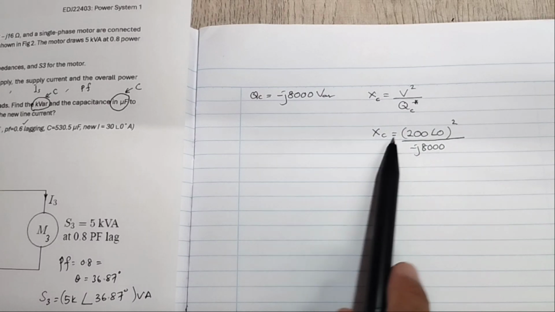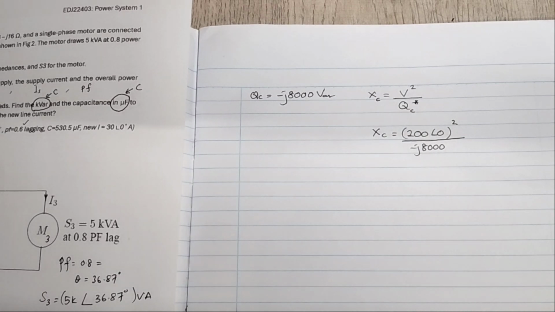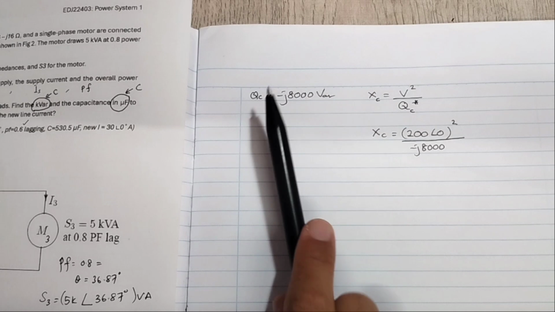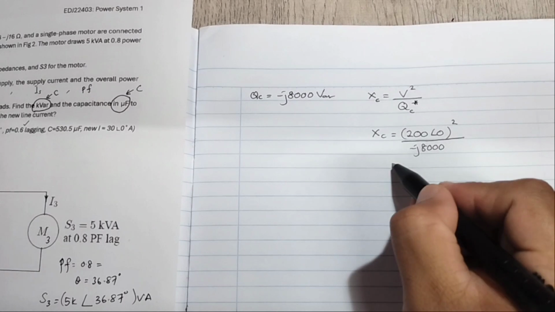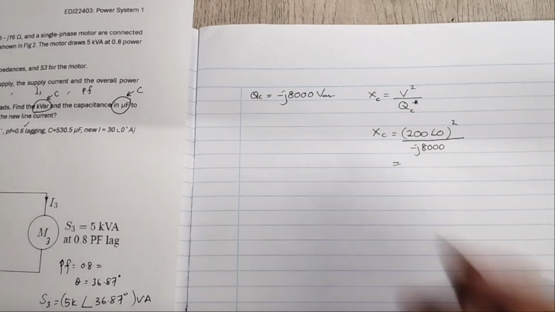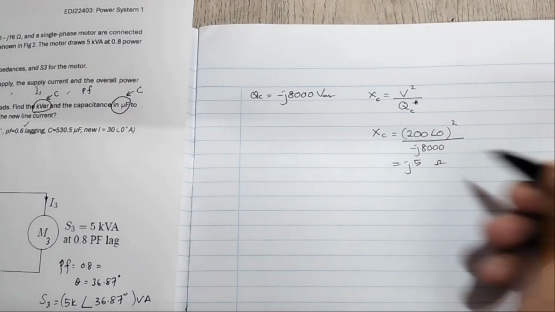Capacitance tu bila kita install kapasitor, dia ada nilai X dia sendiri. Nilai X ni lah yang menghasilkan power yang digunakan tu lah. Okay, right? So, XC berapa masukkan? Minus 800 masuk 1000. Okay, dapat sini J5 ohm.